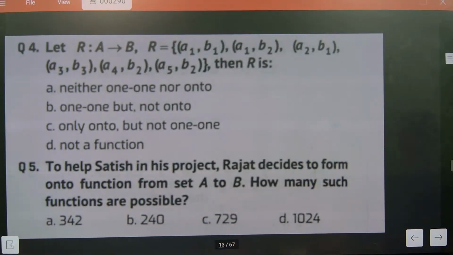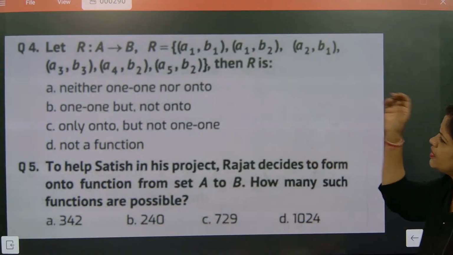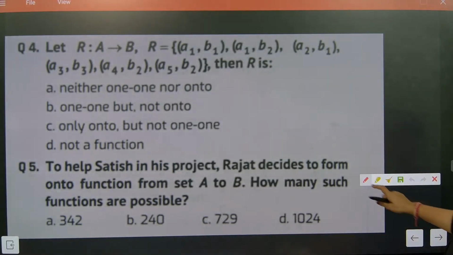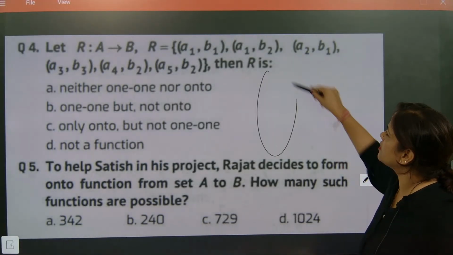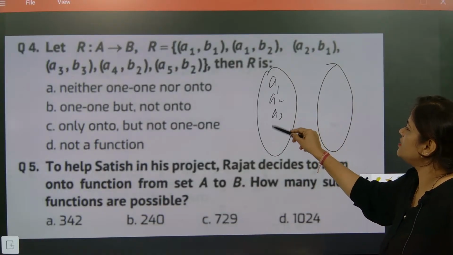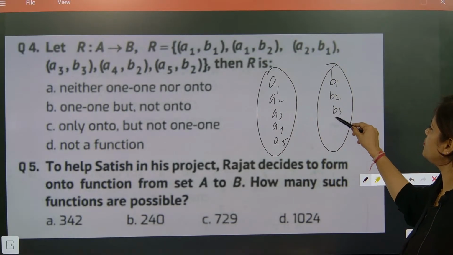They have given A1, B1, A1, B2, A2, B1, A3, B3, A4, B2, A5, B2. Then R is what type of relation? Just make two circles, the answer will come. Here are A1, A2, A3, A4, A5 and B1, B2, B3, B4.